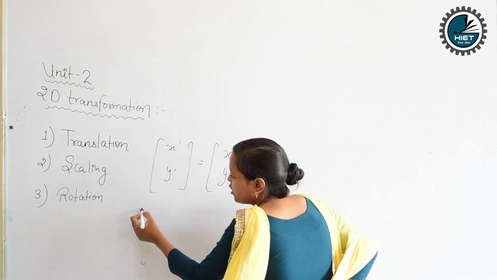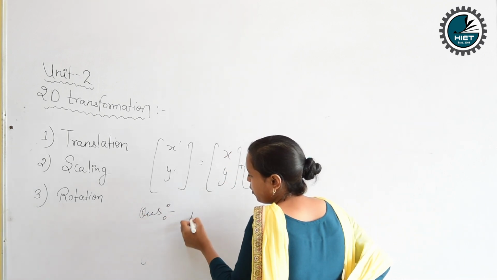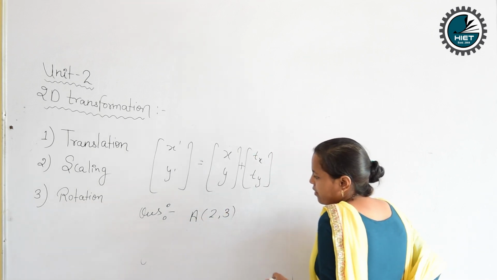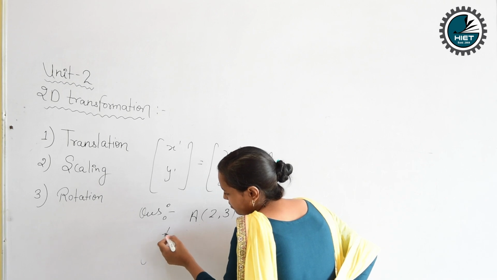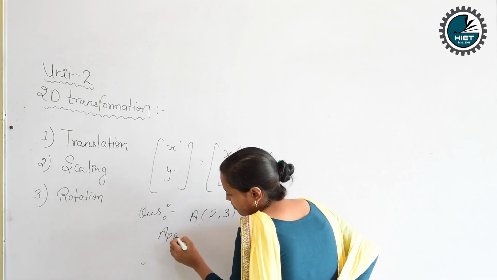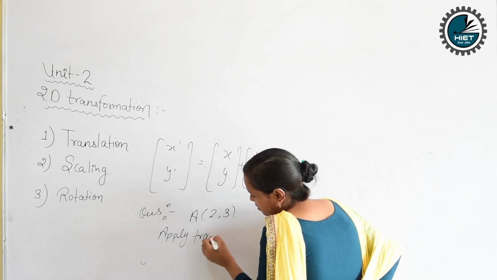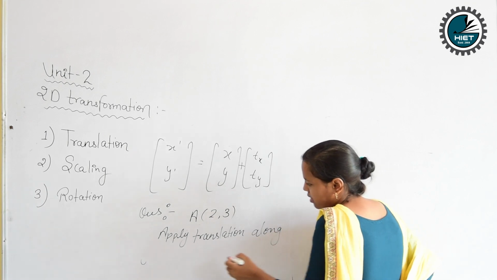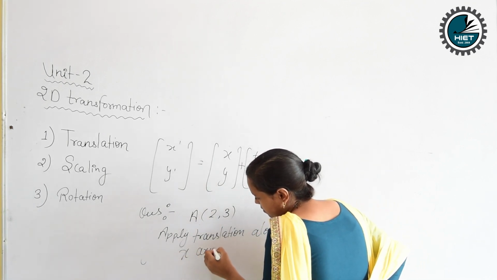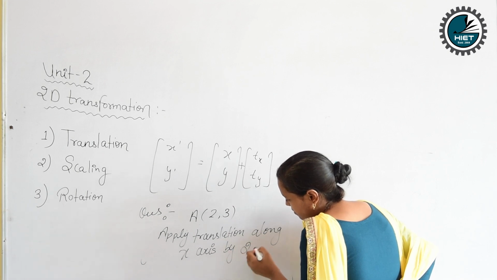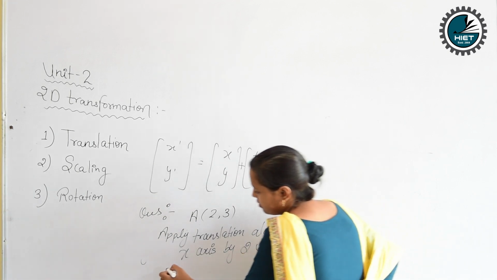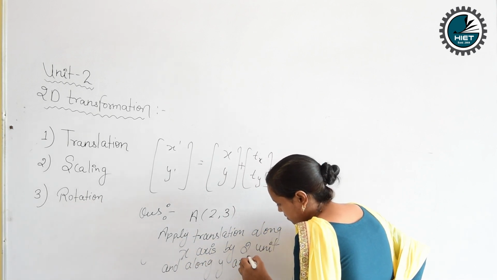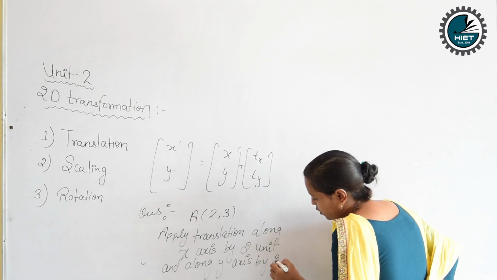Okay, now we are assuming a question. Suppose we have a point A and the coordinate of point A is 2, 3. We are applying a translation along the x-axis by 2 units and along the y-axis by 2 units.